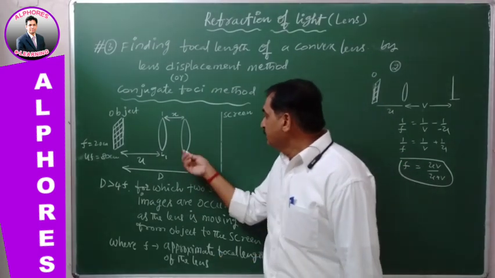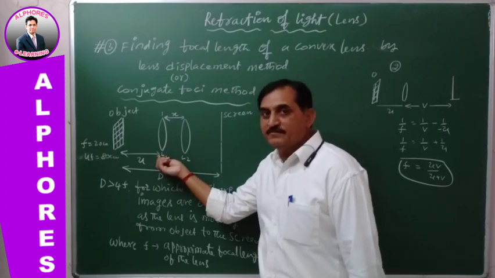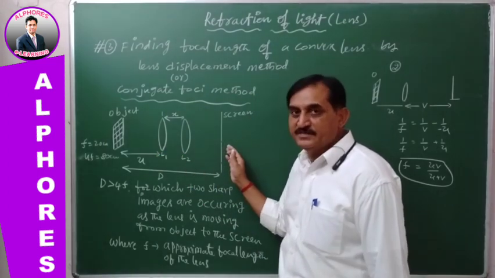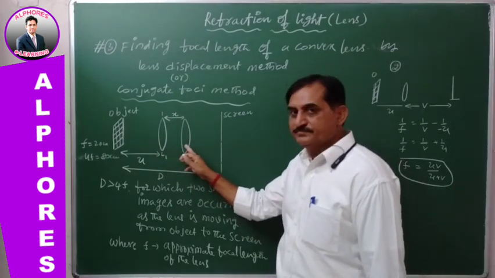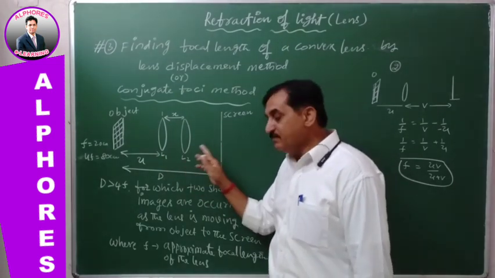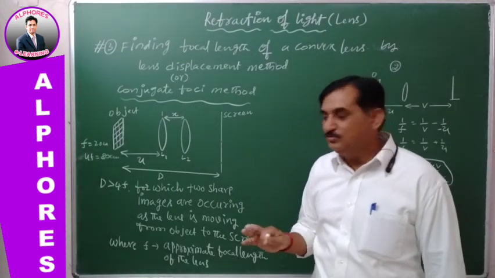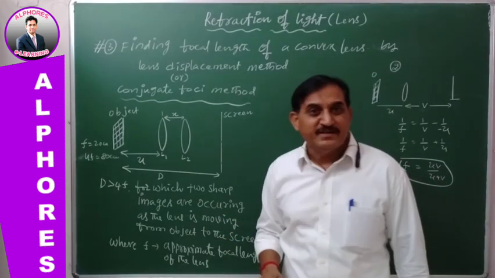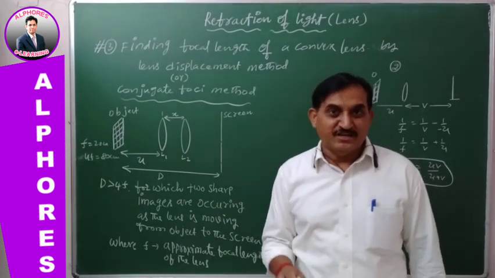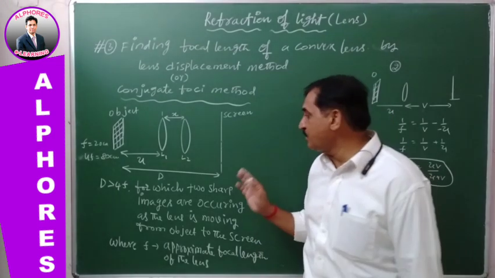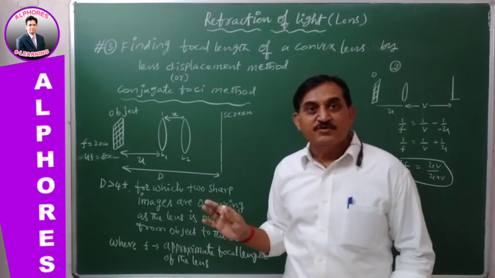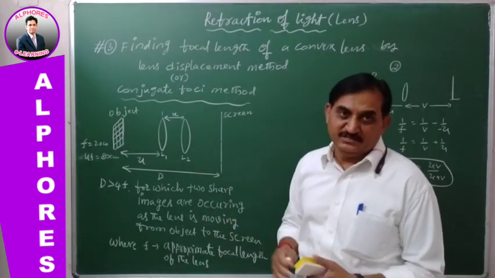So at position L1, a sharp and magnified image occurs on the screen. When the lens is moved further towards the screen, at some other position L2, the sharp and diminished image occurs on the screen.